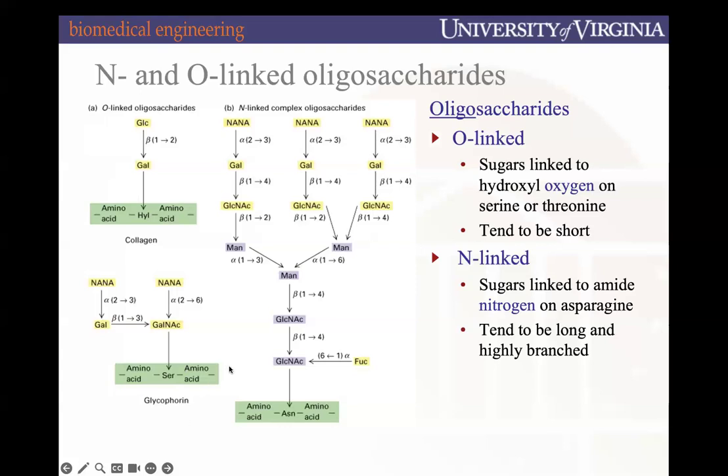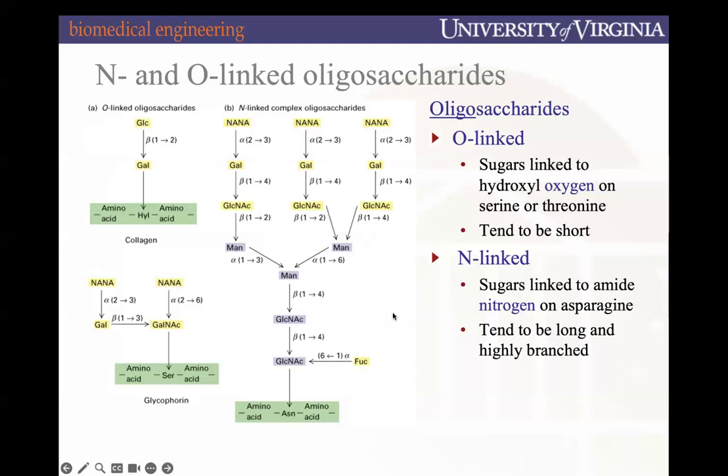The other example of glycosylation is N-linked. So now at the other end, we have the amine group at the N terminus or towards the N terminus, where the nitrogen on the amine is where these sugar groups are going to be added. And so this is going to be much more highly branched and much longer additions.